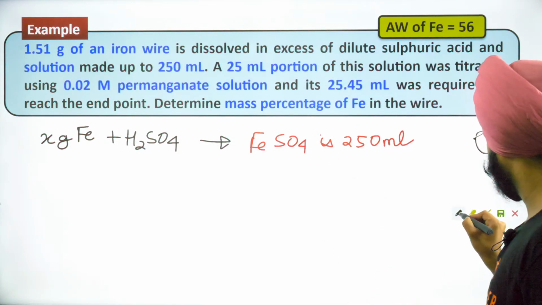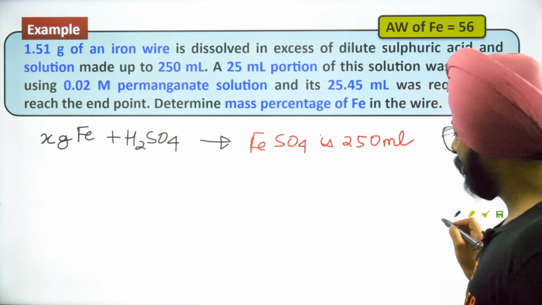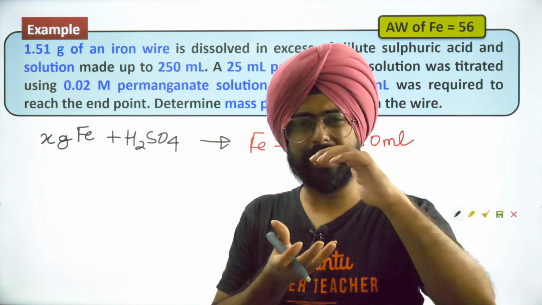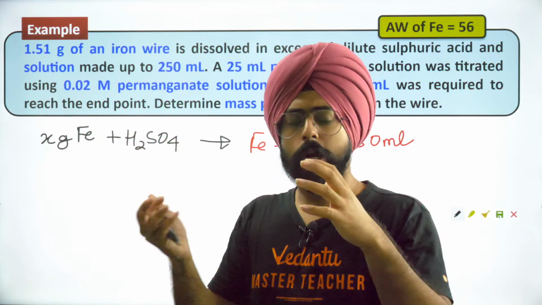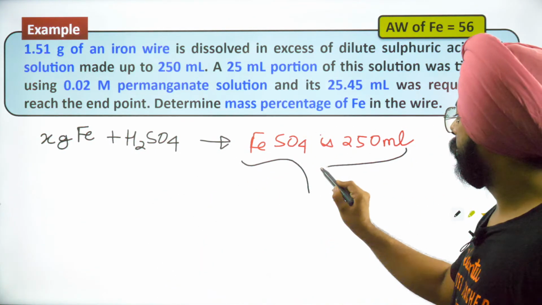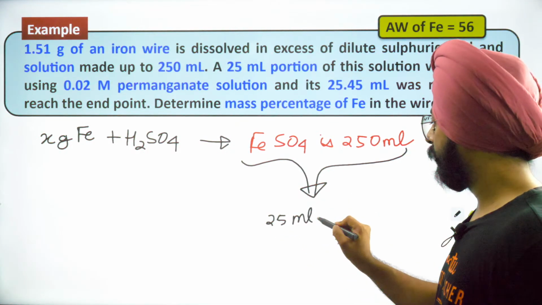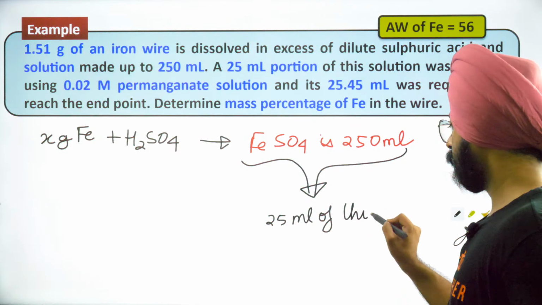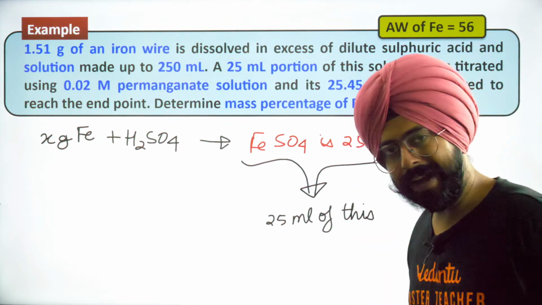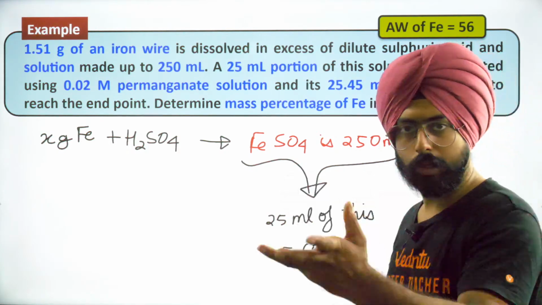Now this 250 milliliters is a very huge volume. You don't need that much volume in the laboratory to do titration on it. So out of this solution, I take 25 ml of this solution. So what I have is a 25 ml FeSO4 solution.